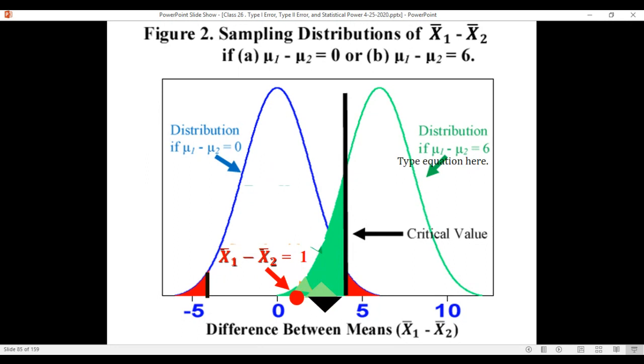Now, if the researcher happens to draw this particular paired sample, or any paired sample from the green region, the t-score will not lie in the critical region. And the t-score will not be statistically significant. The researcher will then wrongly conclude that the population means are the same. In other words, the researcher will make a type 2 error.